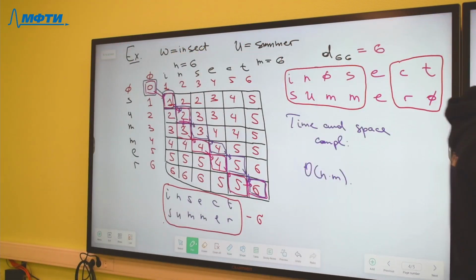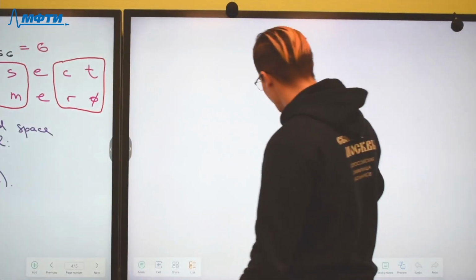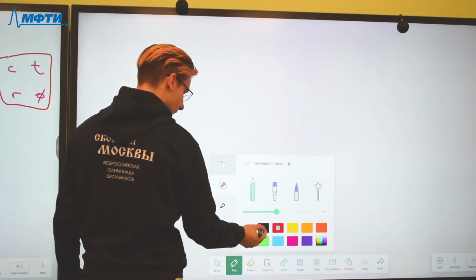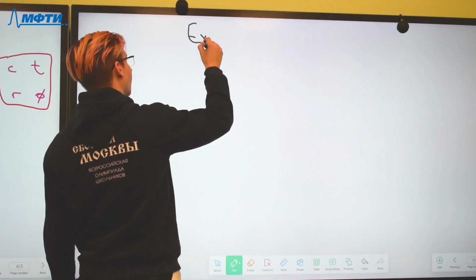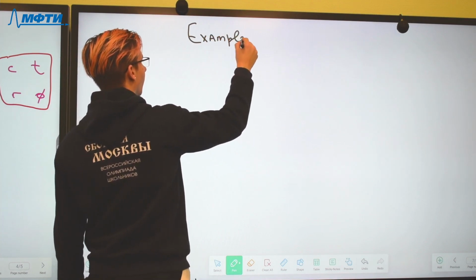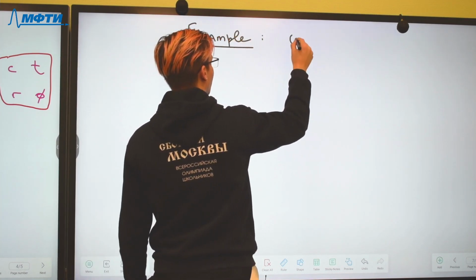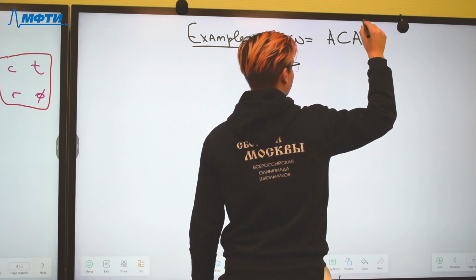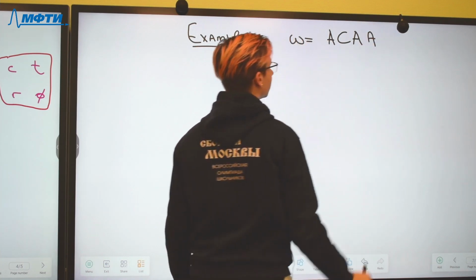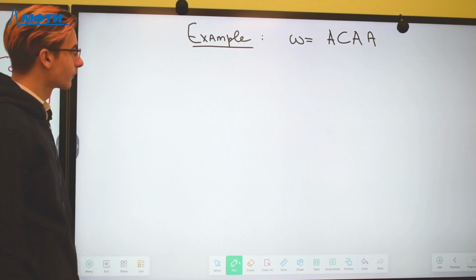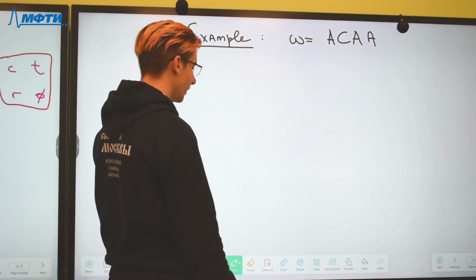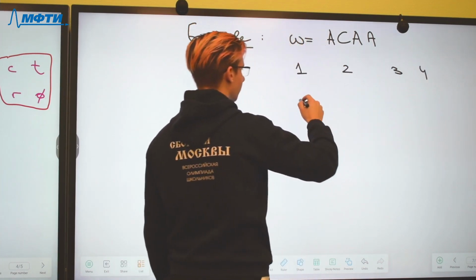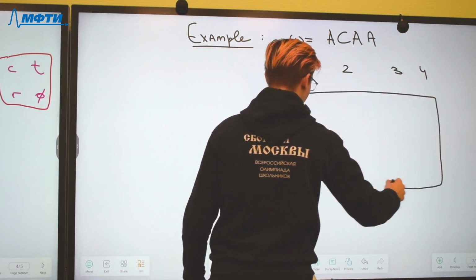So, to understand, we write an example here. I write a matrix, 1, 2, 3, 4, 4 times 4.